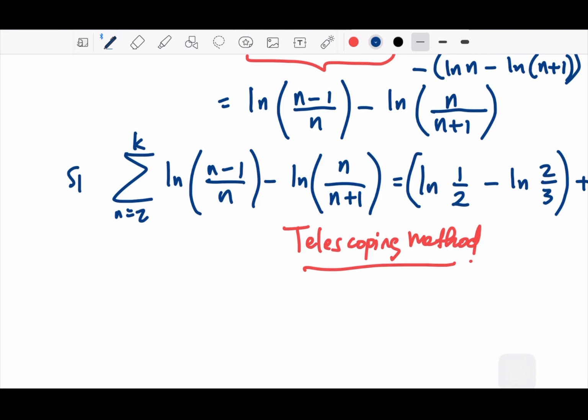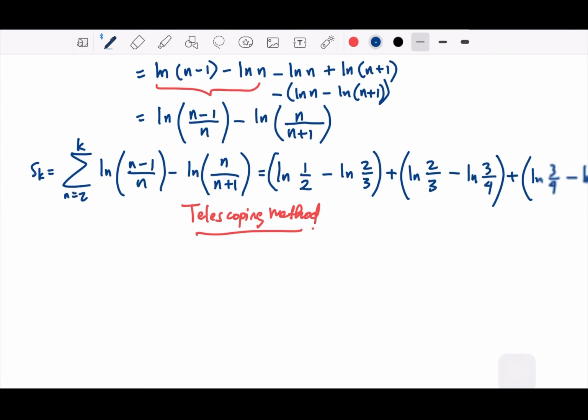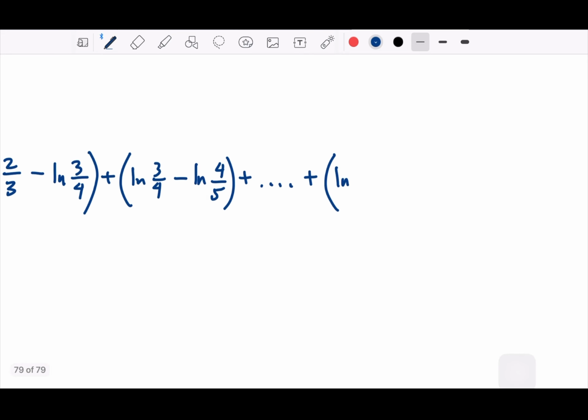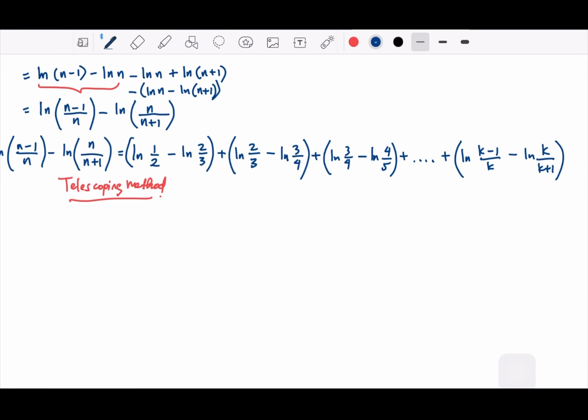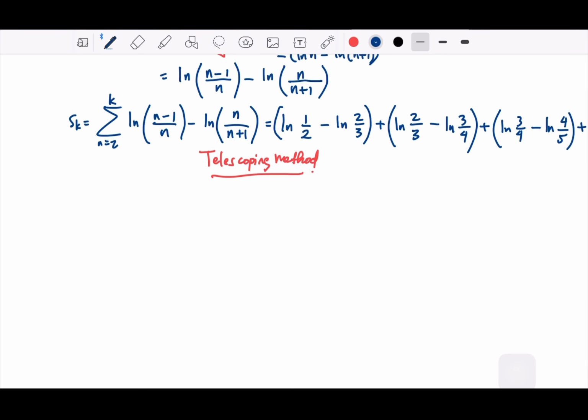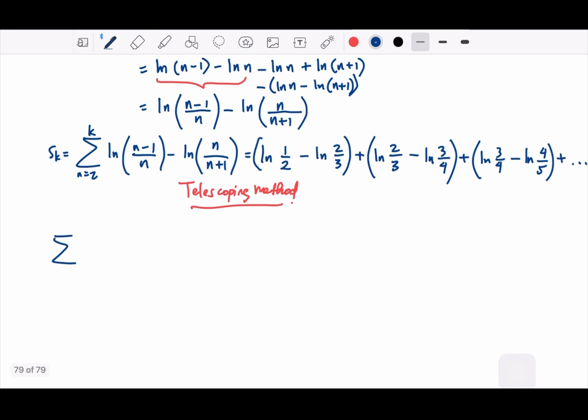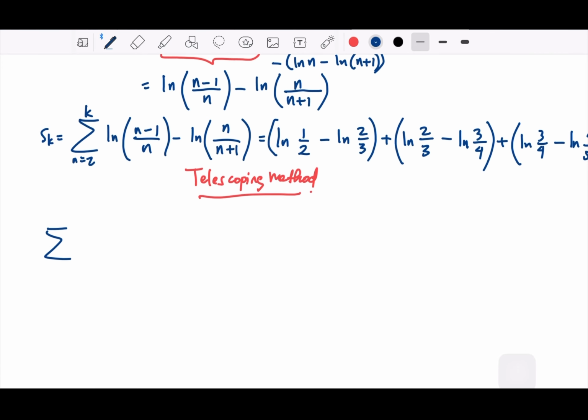So let's say this is the partial sum of k. And we can take this until k. This will be k minus 1 over k, minus ln k over k plus 1. Now to get to infinity, we can just take the limit.